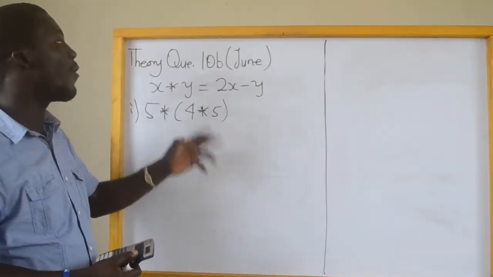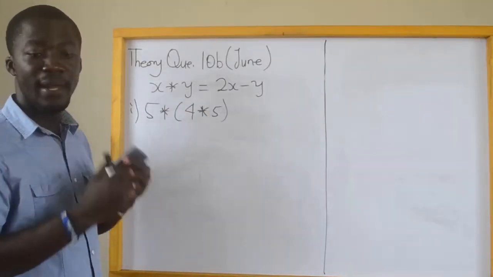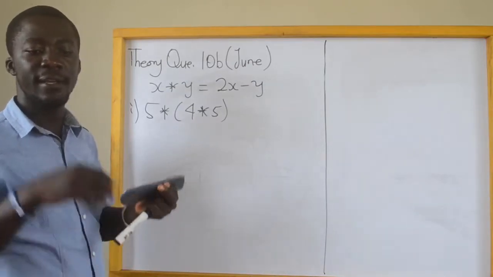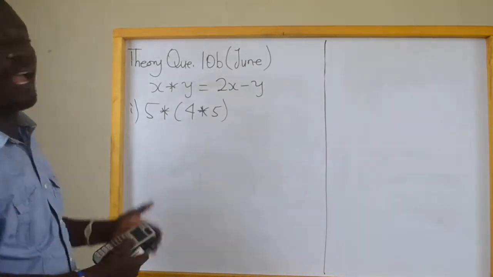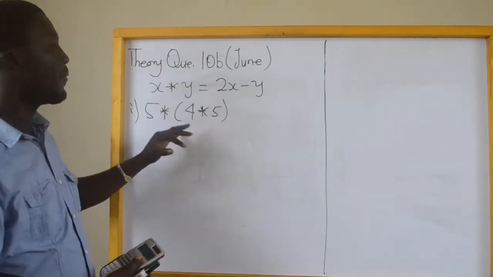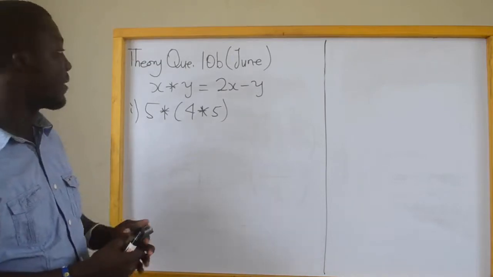x star y equals 2x minus y, where x and y are real numbers. Find the value of 5 star, 4 star 5. So this is what we are going to deal with.